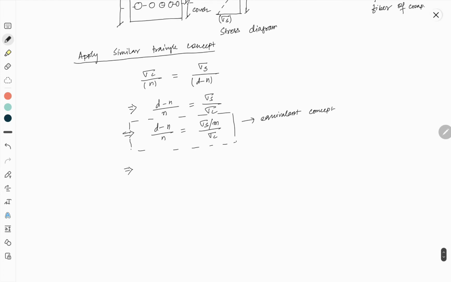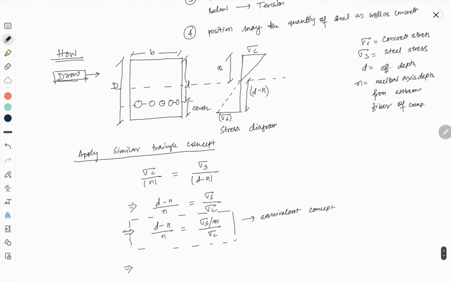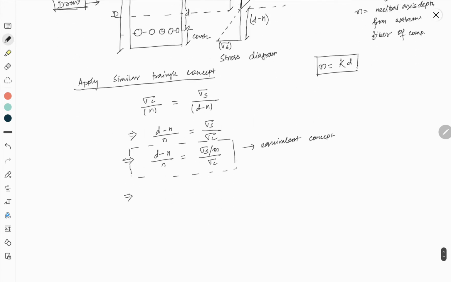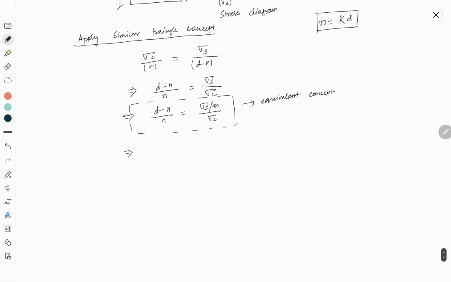Now what happened? See one thing, this n we can write as n equal to some constant k into d. Later we find out what is the value of k. So d minus kd by kd equal to sigma s by m sigma c.